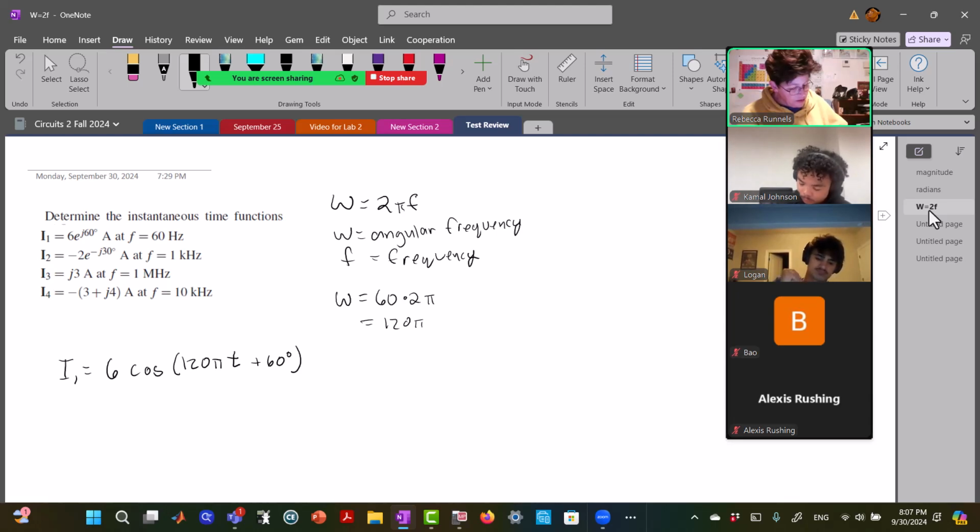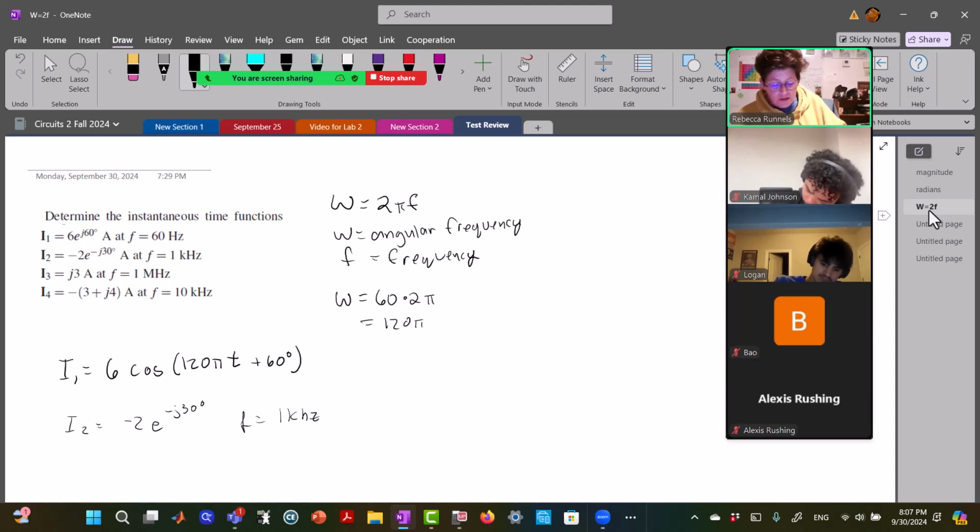Okay, so now let's do the next one. We have I2 equals minus 2e to the minus j 30 degrees at f equals 1 kilohertz.